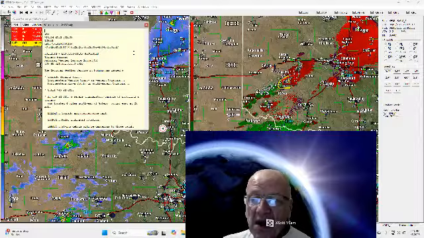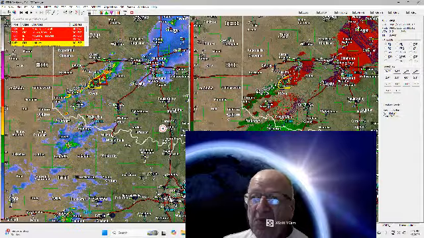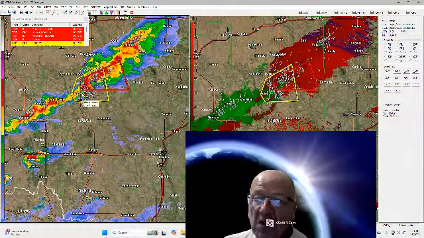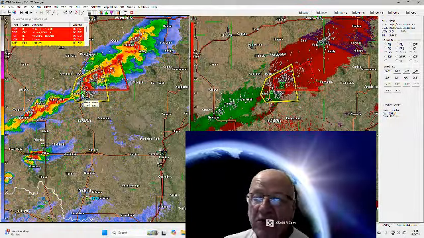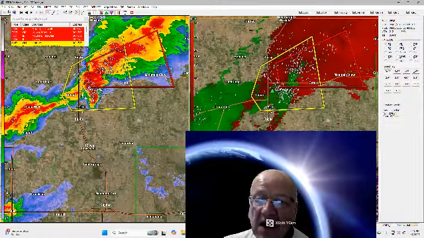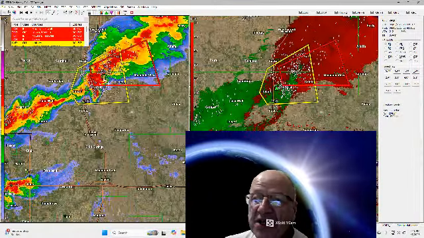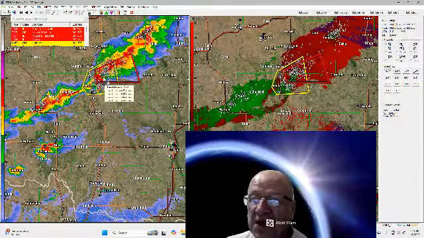And we could have quarter-size hail with this. This is with this cell right here. We already have a report of approaching 2-inch hail near Hobart, and we have rotation here where the tornado warning is issued.